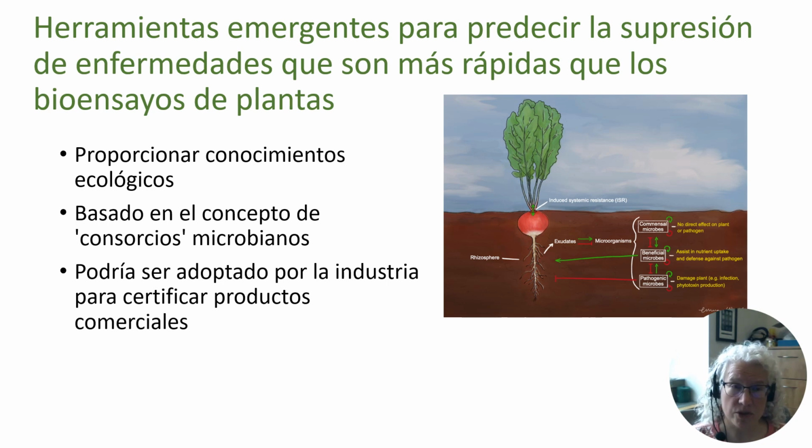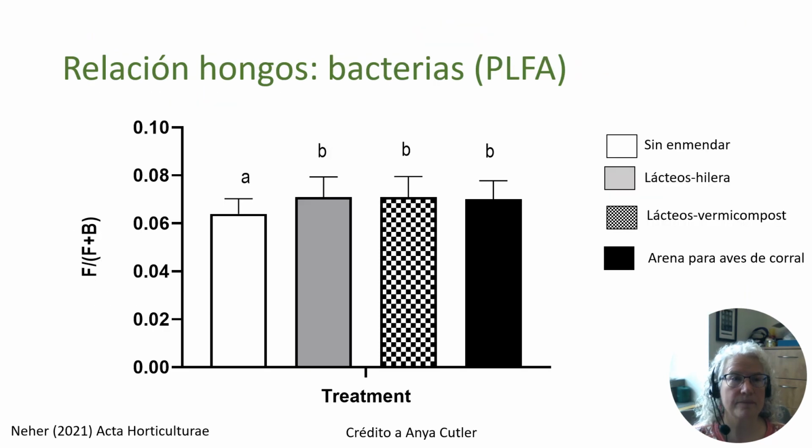What I mean by consortia: they are communities of microbes working in concert to perform specific ecological functions. A simple measure is a ratio of fungi to bacteria. Greater values of this index suggest there is greater maturity.